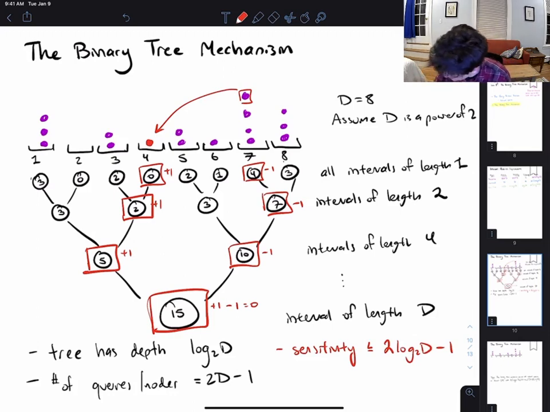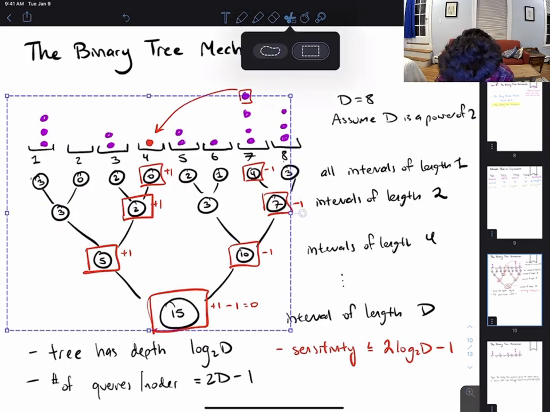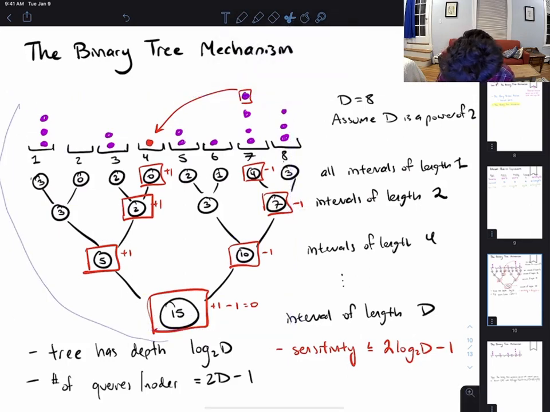Okay, let me copy this for later. Okay, good. So that's the sensitivity.